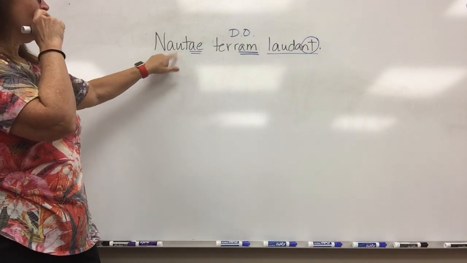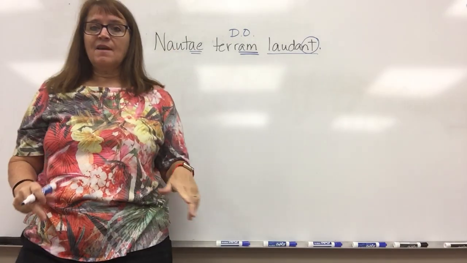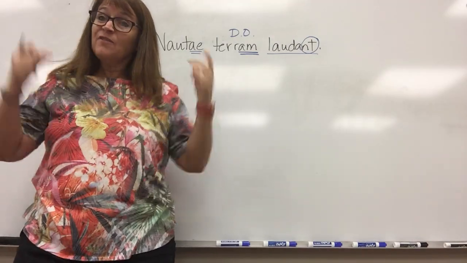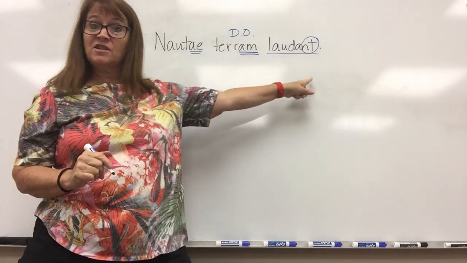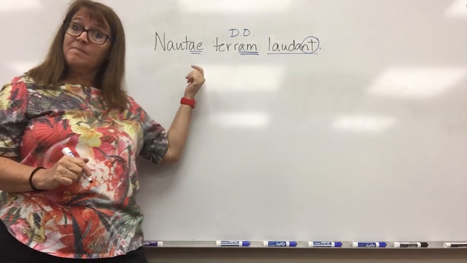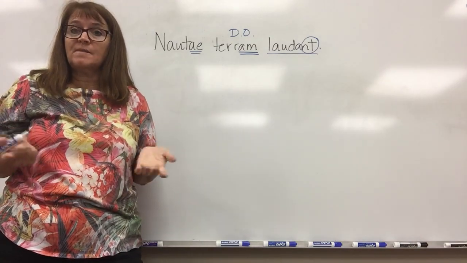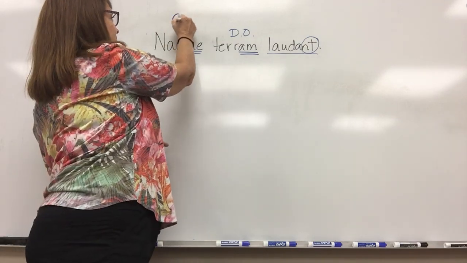This one I have to decide if it's a subject or not. Even though we say Latin word order is very variable, if your first word can be in the nominative case and it matches the number of the verb, I wouldn't make that the subject unless doing so doesn't make the sentence make sense. So I'm going to decide that's my subject.